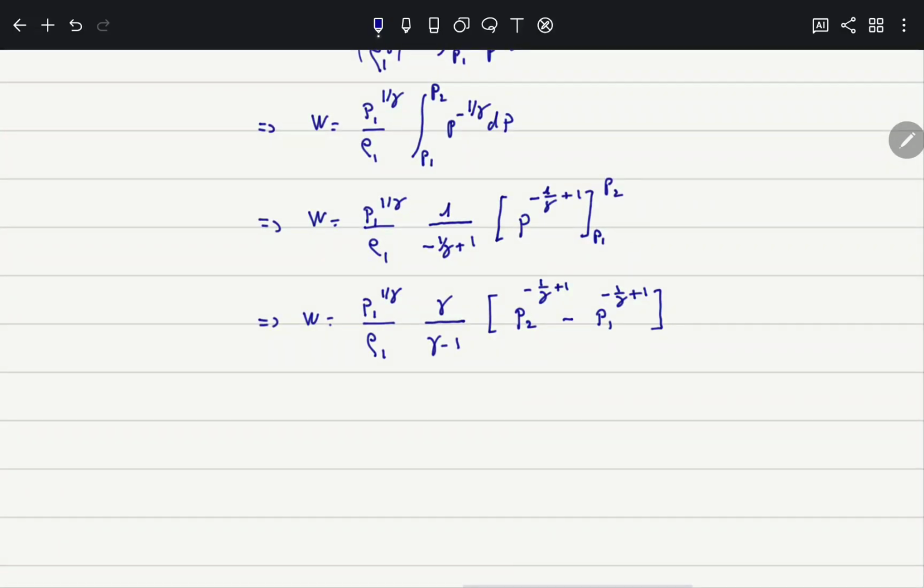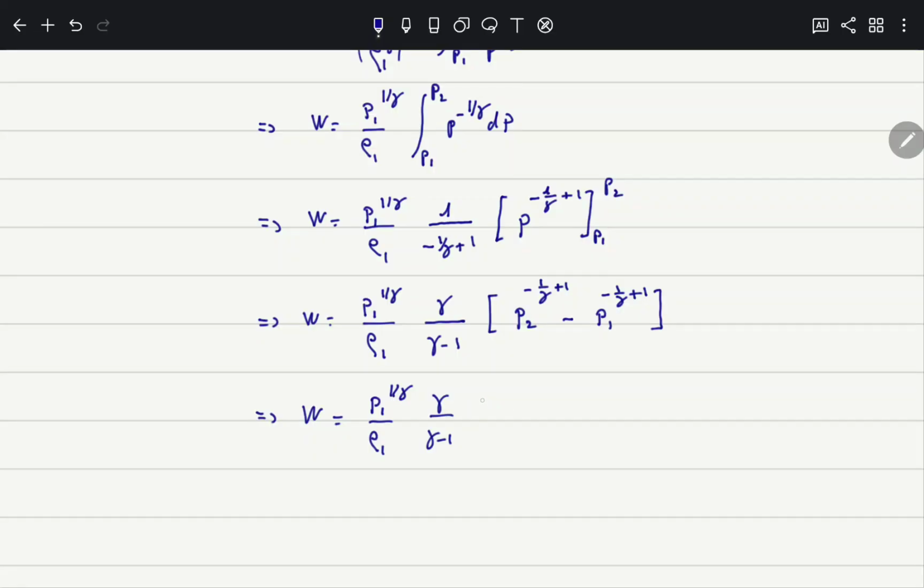Right, so we could basically stop here, or we can make it slightly more beautiful, doing it like that. We're basically going to divide all the terms in the bracket by P1 to the power of minus 1 over gamma plus 1.